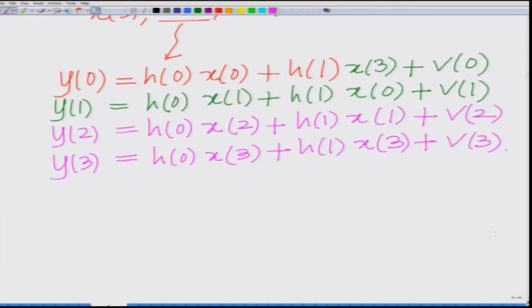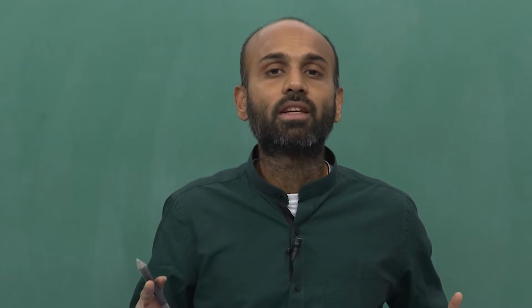And now, these are the samples, and we said yesterday that if you look at y0, y1, y2, y3, that can be represented as the circular convolution of the channel filter H with the transmitted samples X plus the noise.